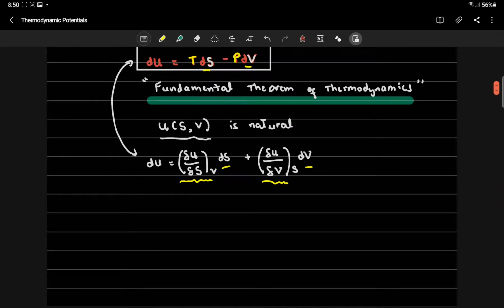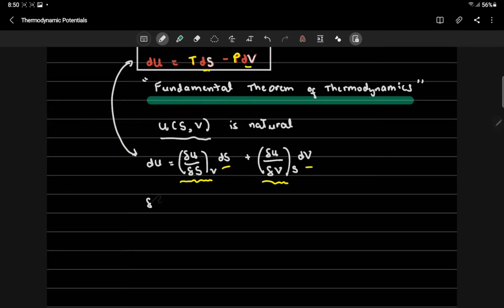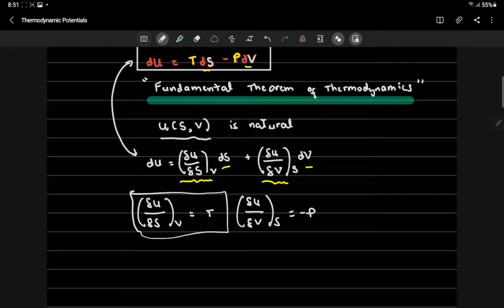Ang ginawa natin is we were able to kind of prove, right, that the partial derivative of U, or the change in internal energy with respect to S at constant V is just equal to T. And the partial derivative of U daw with respect to V at constant S is equal to negative P according to the above equation. Okay, ang maganda dyan is we were able to obtain two additional equations, right? One is this one, and another is itong isa.